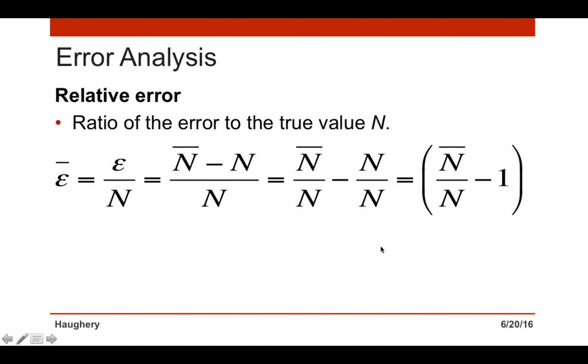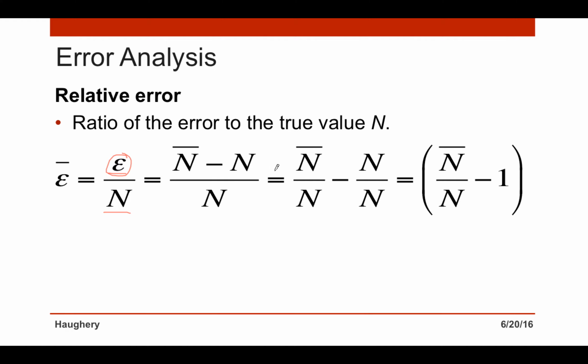If we want to look at relative error, now this gets a few more permutations of this equation, but relative error is basically saying what's our error in comparison to what it should have been. So what's the ratio? Okay, we would just say the error, based on what we calculated in the previous slide, n bar minus n, divided by n. So this will give us a ratio, okay?